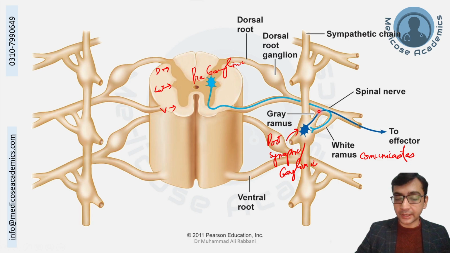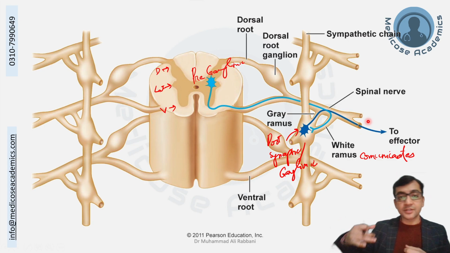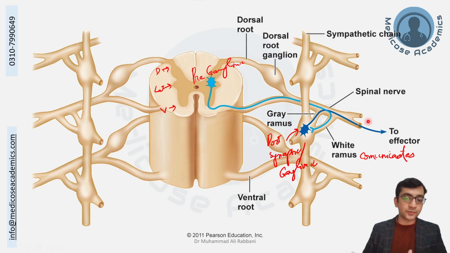It runs with the spinal nerve, goes to all its branches, and supplies the blood vessels for constriction, the sweat glands for sweating, and the erector pili muscles to straighten your hair. So this is gray ramus communicantes. So this is the basic circuit of the sympathetic outflow.